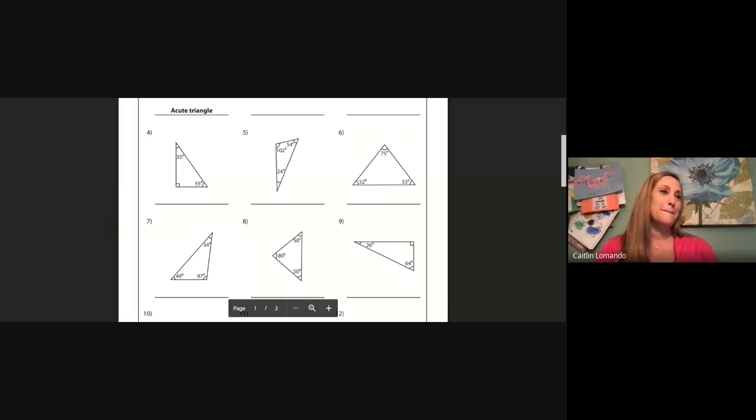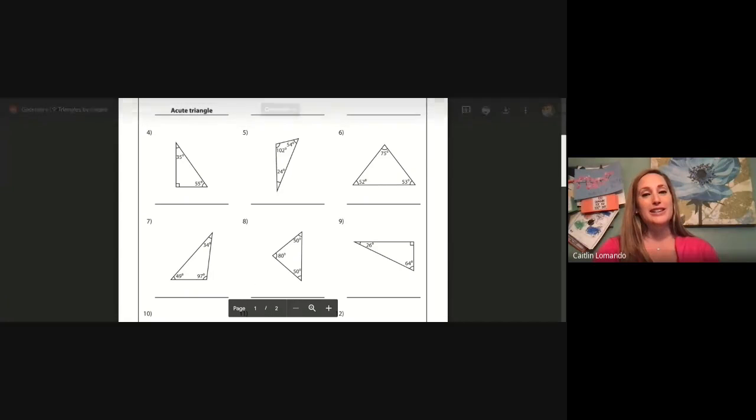We have an angle that's 34 degrees, 49, and 97 degrees. Ooh, this is a tricky one. Is this triangle acute, right, or obtuse? Let's pause and discuss. Triangle number 7 is an obtuse triangle. That one angle that's 97 degrees is more than 90, which makes it obtuse.